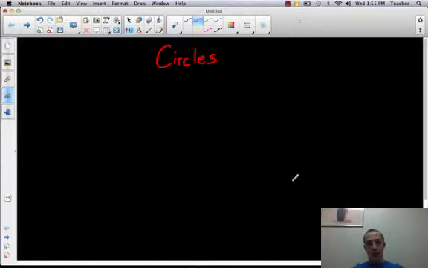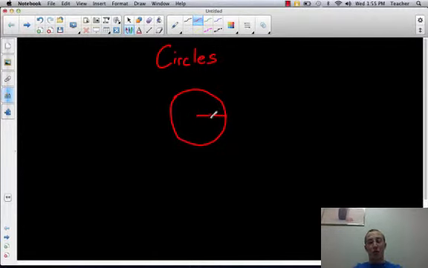Okay, now let's start at the very basic. A circle. That's a circle. That little dot right there, that is the center point. That's very important. Remember that. This little line through half of it is called the radius.